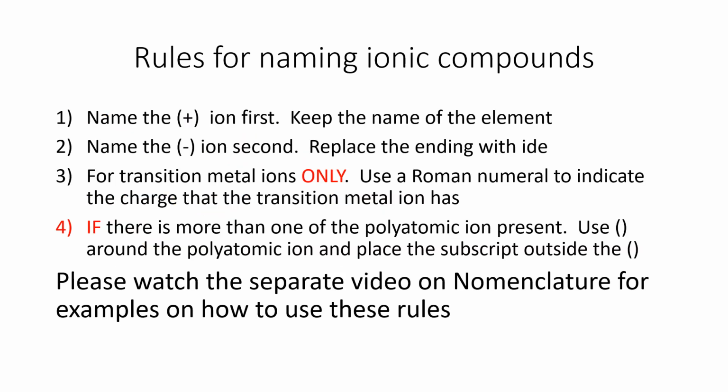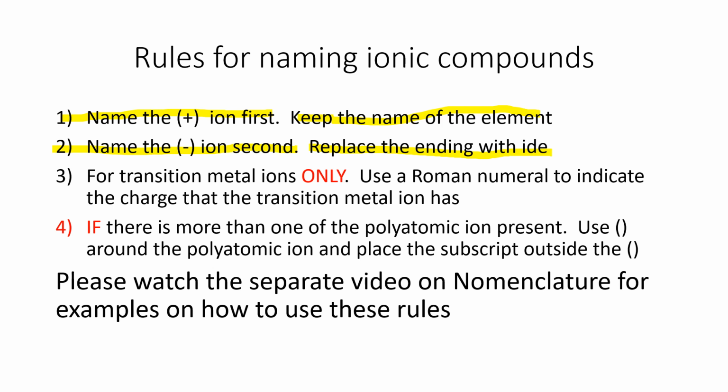Here we want to go over the rules for naming ionic compounds. And there's 4 steps or 4 rules that we want to follow. The first rule is that we name the positive ion first, and we keep the name of the element. Second rule is we name the negative ion second. We chop off the ending of that element and replace it with the IDE ending.